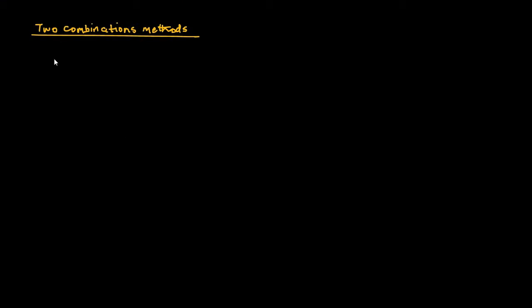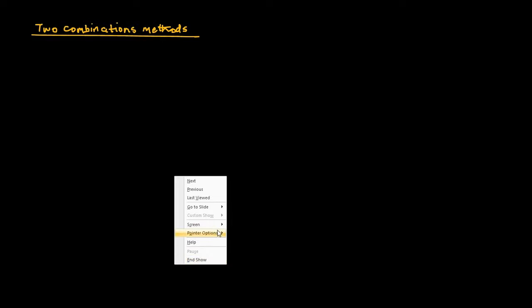Okay, finally, let's just try and understand why these two different combinations methods work, and especially the last one, which we used in the first part of this video as a check of the more standard tree diagram kind of approach.